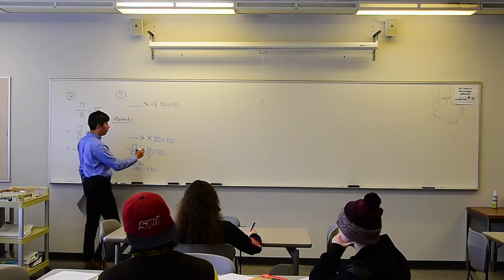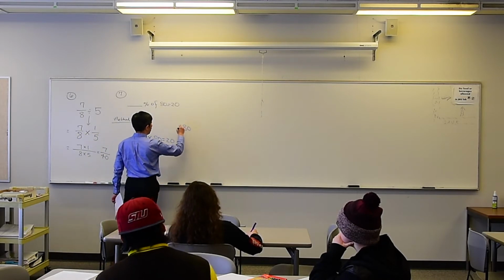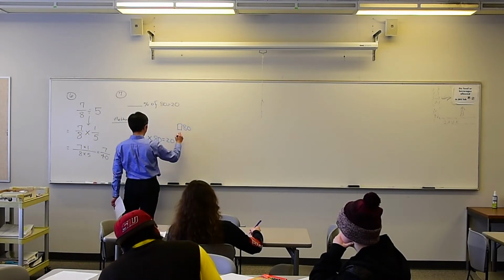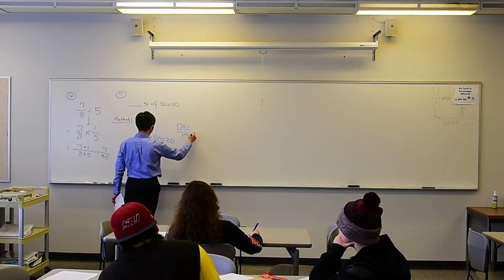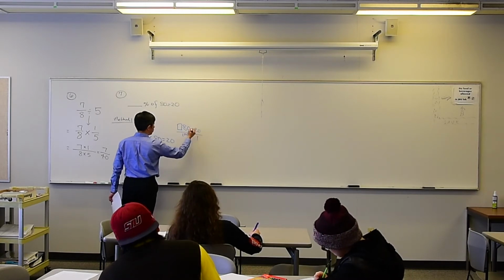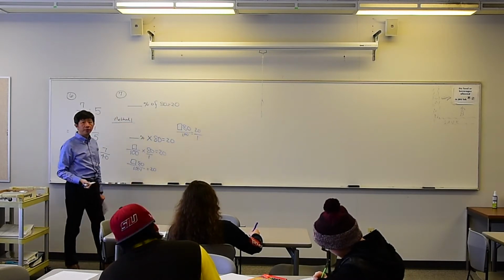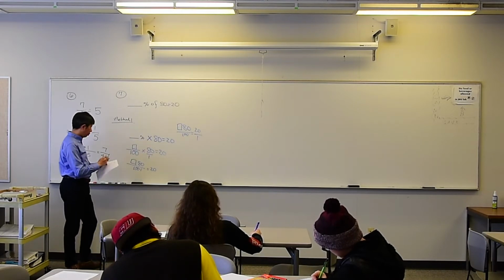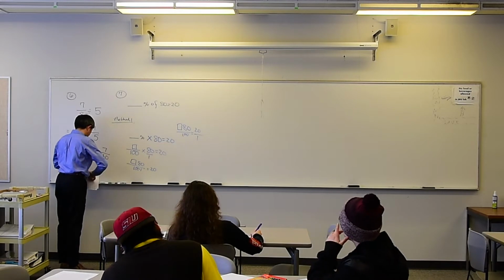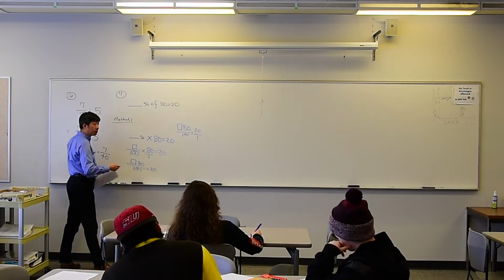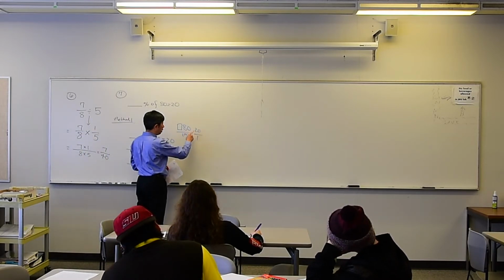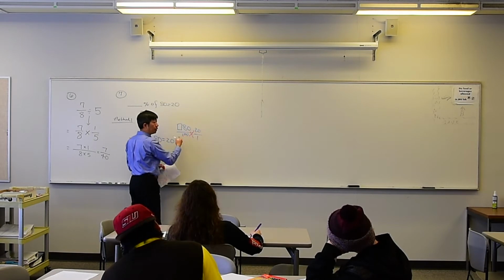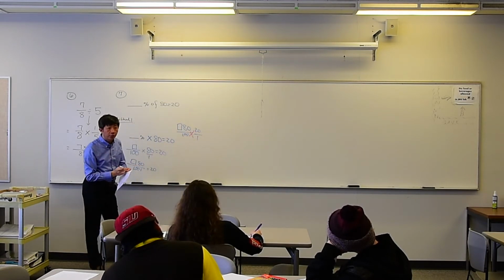So therefore, we have a box times 80 over 100, which is equal to 20 over 1. So therefore, we can cross multiply, right? We can cross multiply because of what? Equivalent fractions, right?